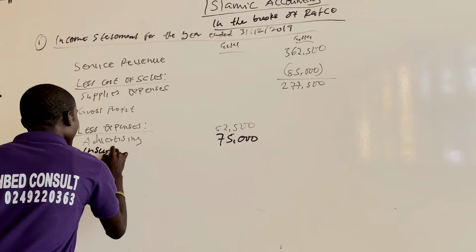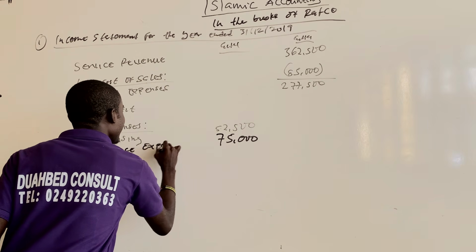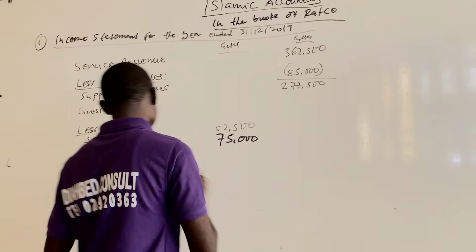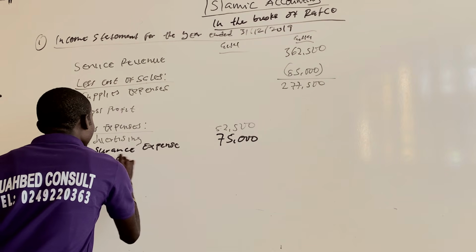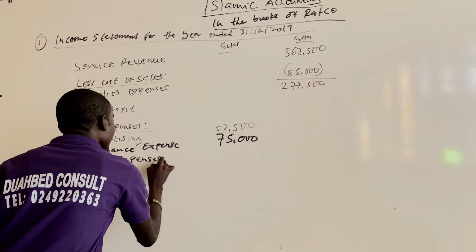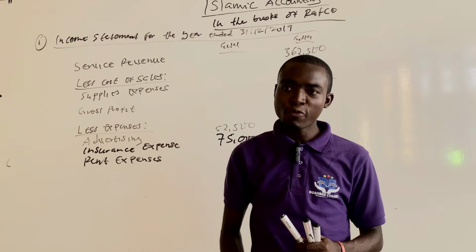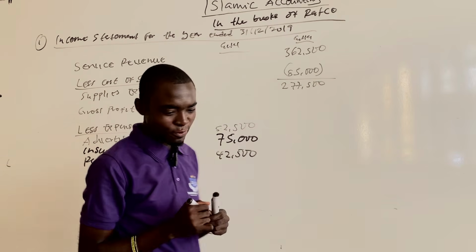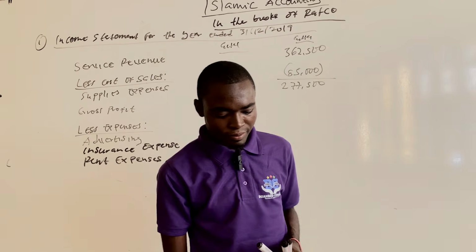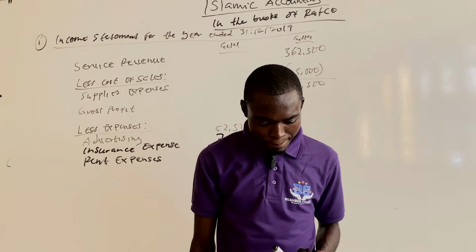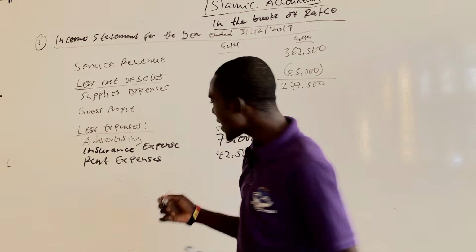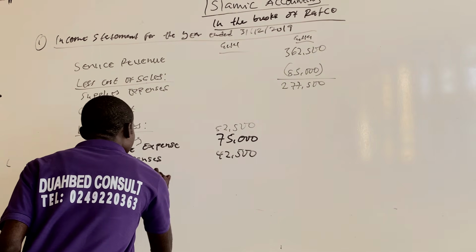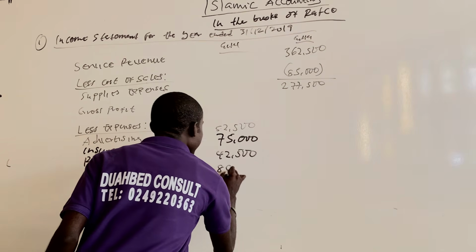And then the next expense, rent expense, you got 42,500. The next expense, salaries expense, 85,000.